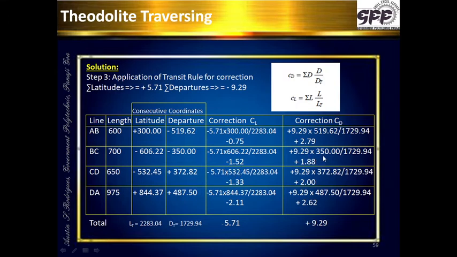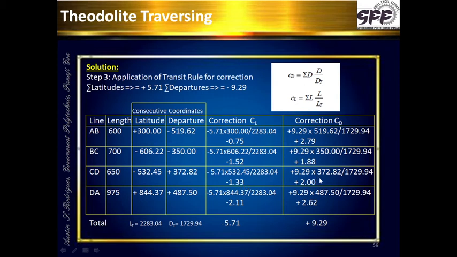The correction to departure, plus 9.29 into 350 divided by the sum of all the departures, that is 1729.94. That gives me plus 1.88. Coming to CD, it is 5.71 into individual latitude 532.45 divided by total latitude 2283.04. We get it as minus 1.33.